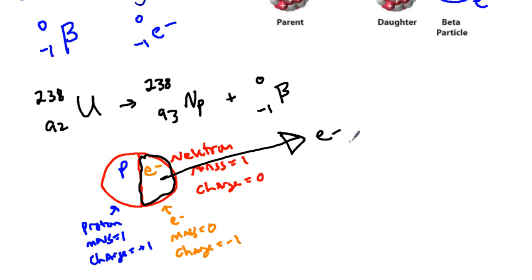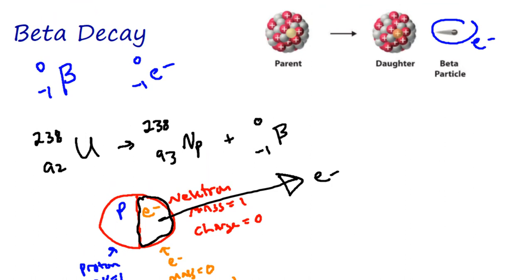Because that high-speed negative electron gets lost, the charge becomes positive 1, and what gets left behind is 1 more proton. So what's happening in beta decay is a neutron is morphing, and out comes an electron. It's a really neat process. It is pretty cool.